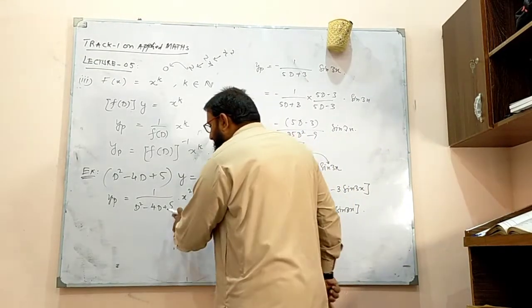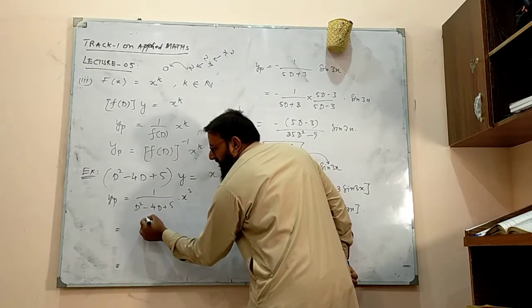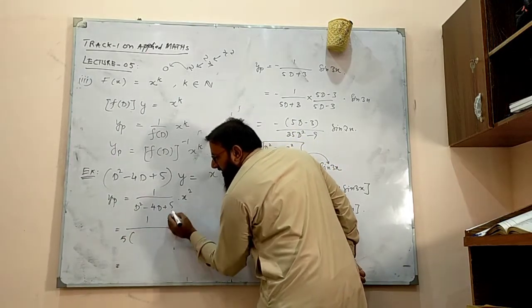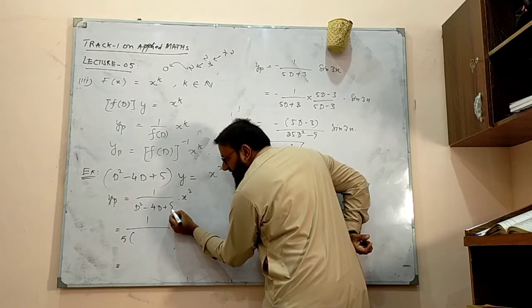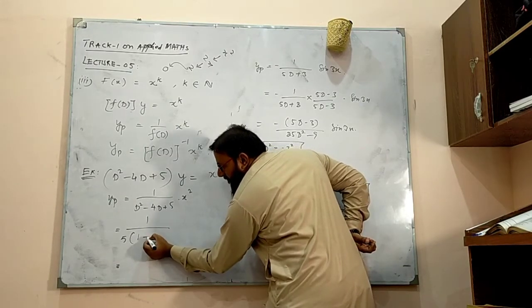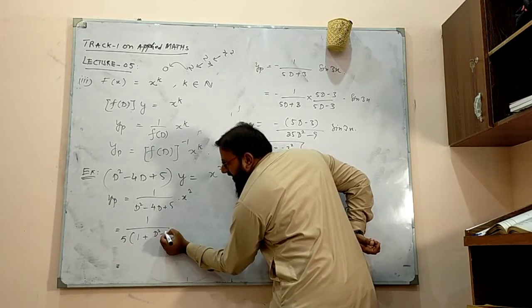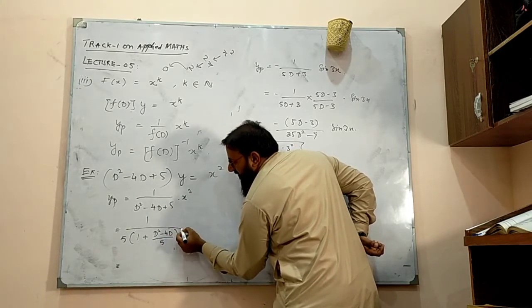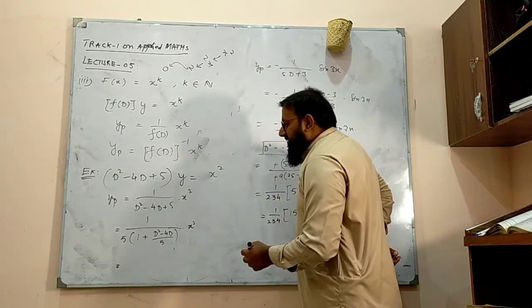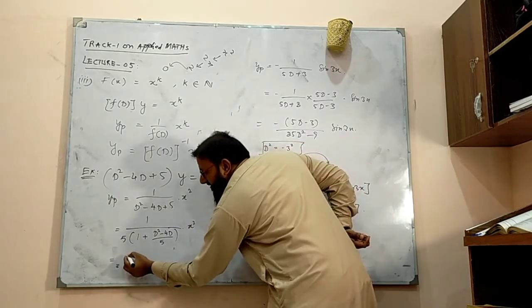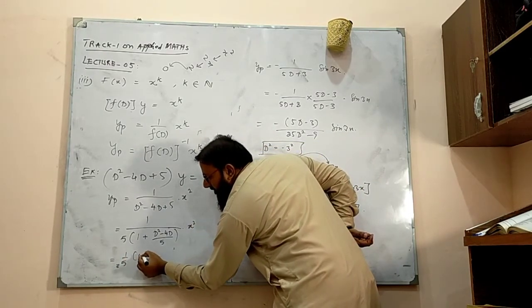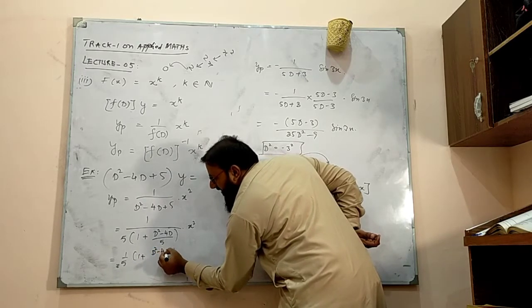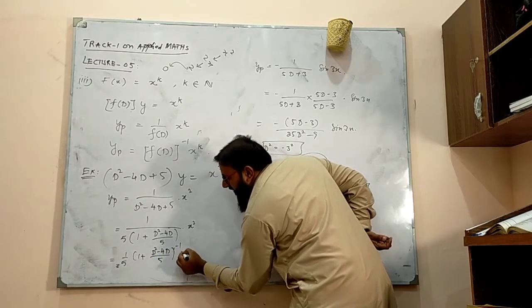The first thing is that I have to take this 5 common and then rearrange the things. It means writing this thing first. That would be 1 plus d square minus 4d over 5. Is it okay? Yes. And then taking this whole thing into the numerator, I have 1 plus d square minus 4d over 5 whole power minus 1 times x square.